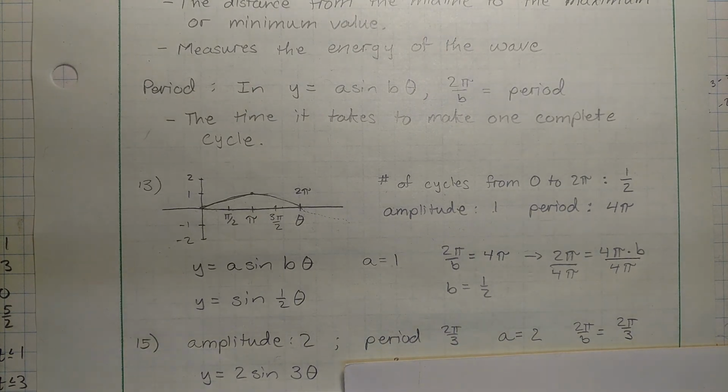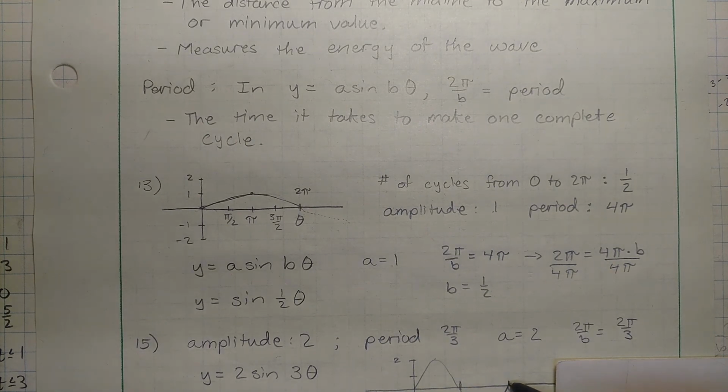So when it says sketch one complete cycle, the easiest thing for me to do is if I look here, set your scale based on this. So I know I'm going to do one full cycle in 2 pi over 3. So what I'm going to do is I'm going to start here, and on my graph, I'm just going to graph amplitude of 2. I'm going to make the top and bottom 2 and -2. And I'm going to just draw a line, a tick mark, and a tick mark, and I'm going to make this 2 pi over 3.